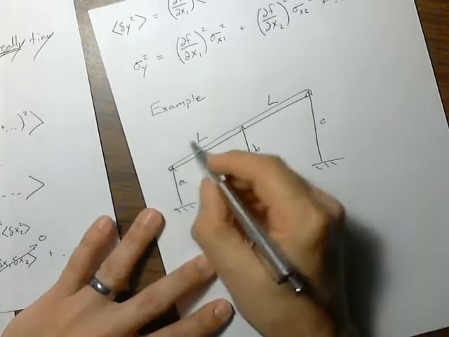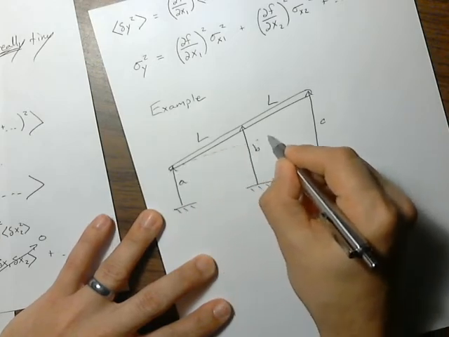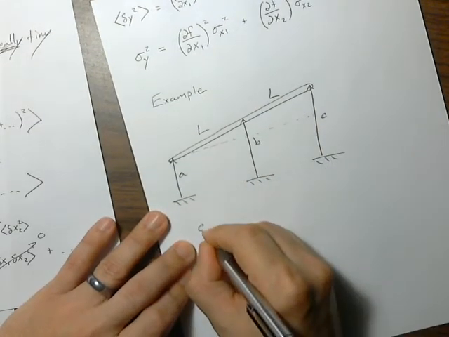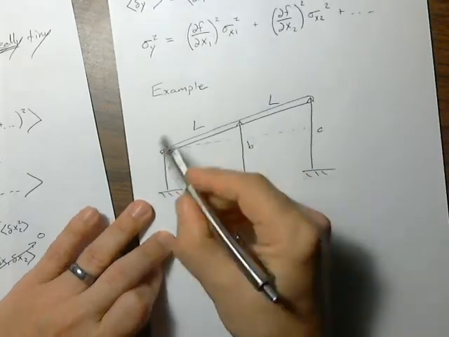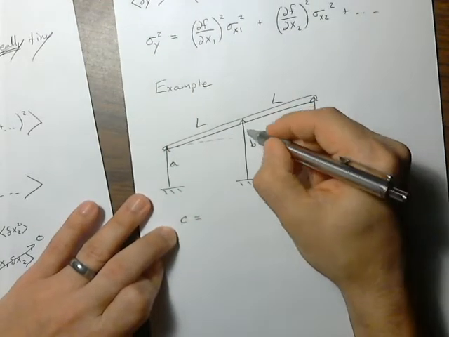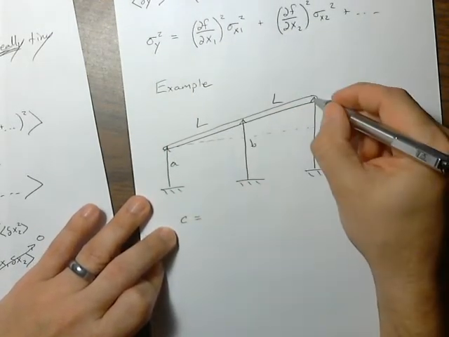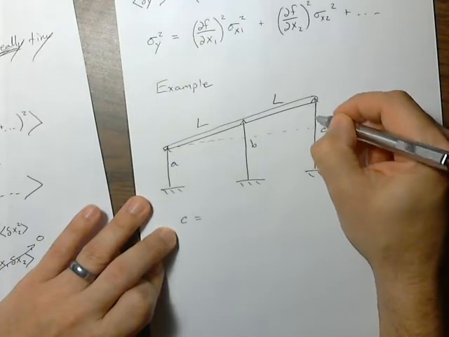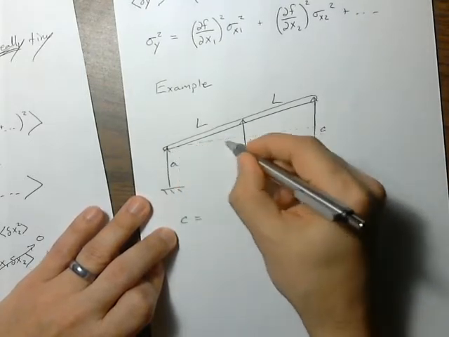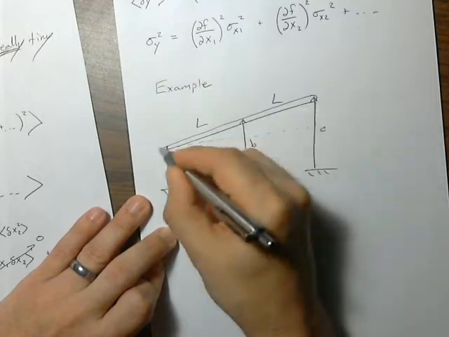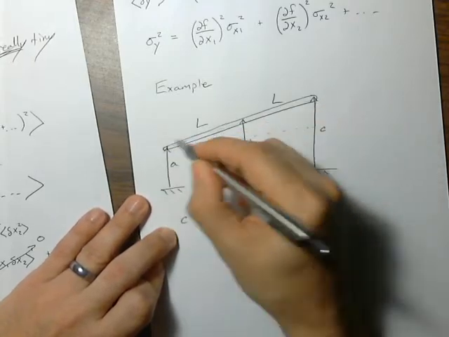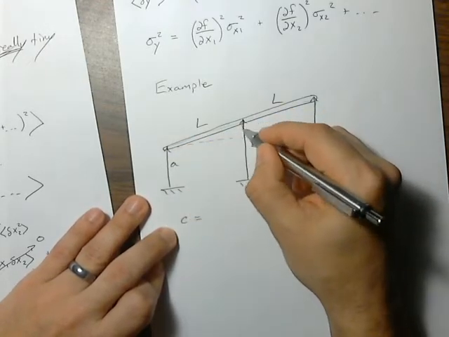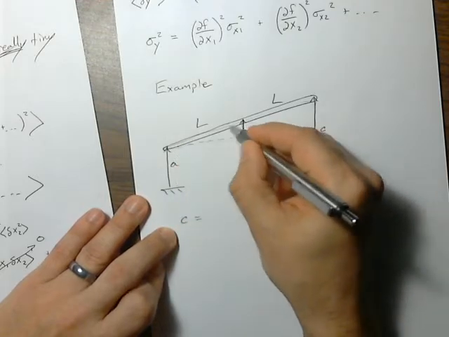Well, we could reasonably ask, so we want to write C in terms of A and B. If I just use the principle of similar triangles, clearly the ratio of this leg here to this hypotenuse is going to be the same as the ratio of this leg here to this hypotenuse, right?